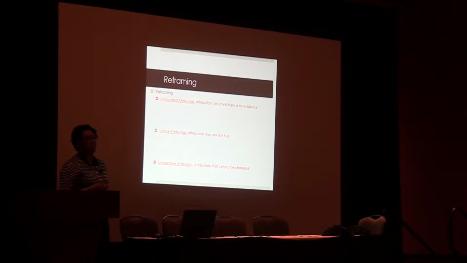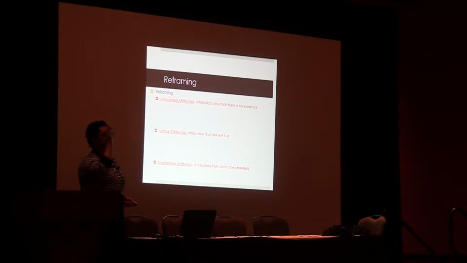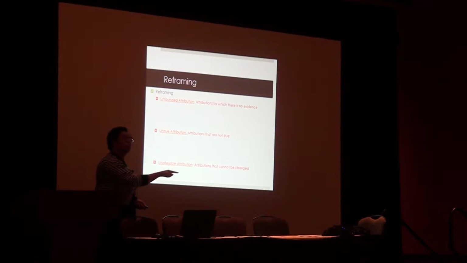This means that there's no evidence to suggest that this is true. The second category is untrue attributions. That's just not true information, so we need to change our thinking. And then the final one is unalterable. There are things that we cannot change, but it doesn't mean that there aren't things that we can do. Does that make sense to everybody?